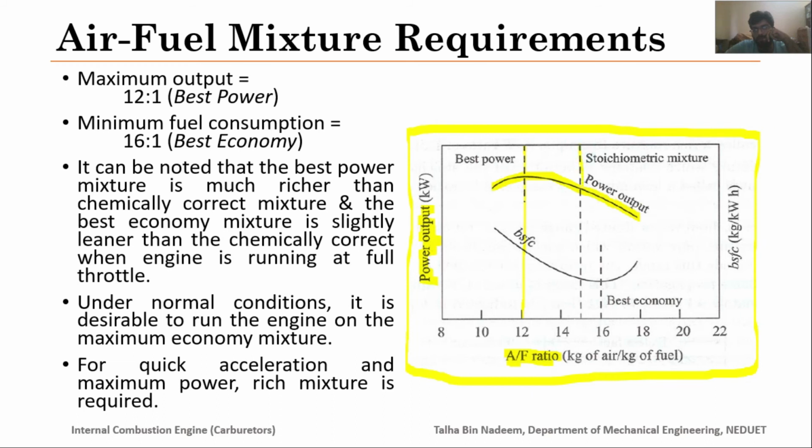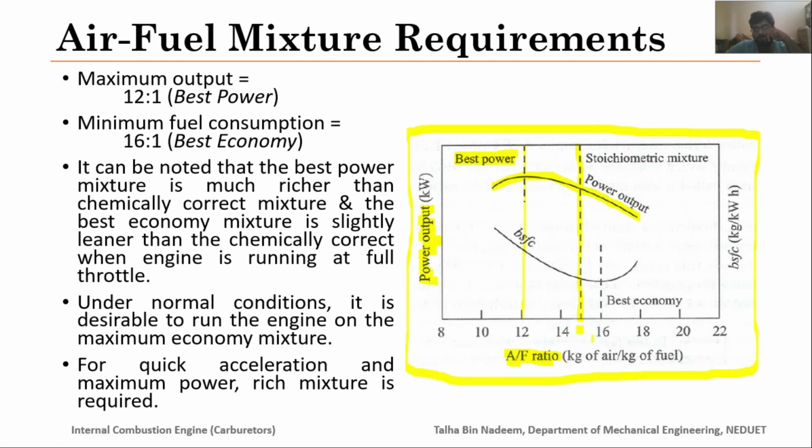This is the stoichiometric mixture. So this graph is basically telling us that whenever you require a high power, you have to provide a rich mixture.